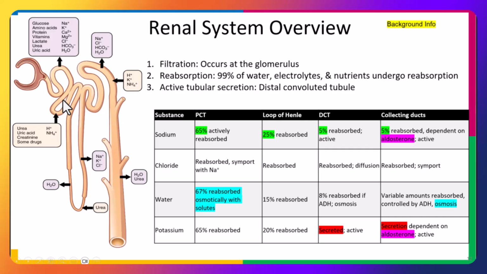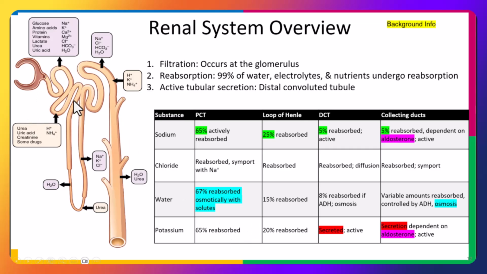And then, of course, water is going to follow sodium just because of osmosis. So this is also where a lot of water is reabsorbed. Potassium is also going to be reabsorbed in large amounts here. And then chloride tends to tag along with sodium. Remember those two terms together, sodium, chloride. So think of the proximal convoluted tubule as really this bulk reabsorber.